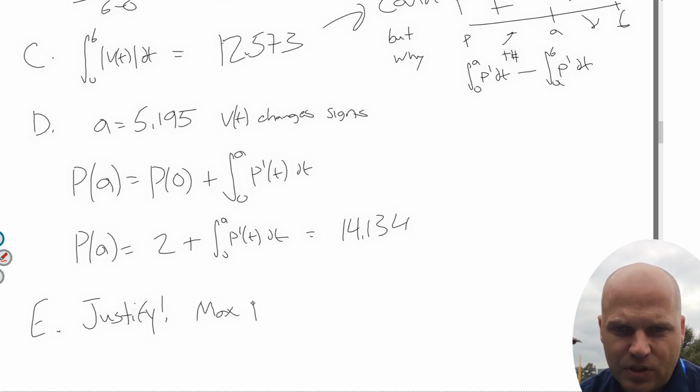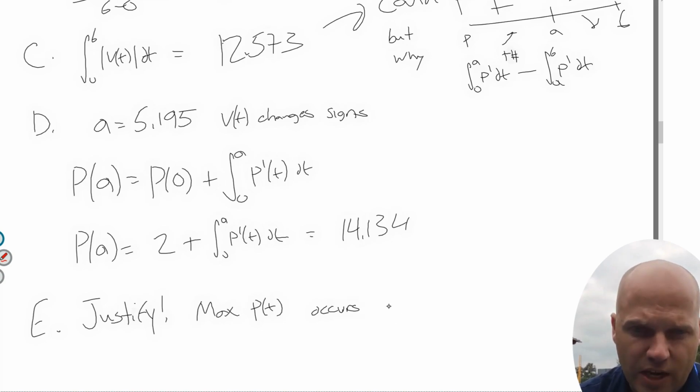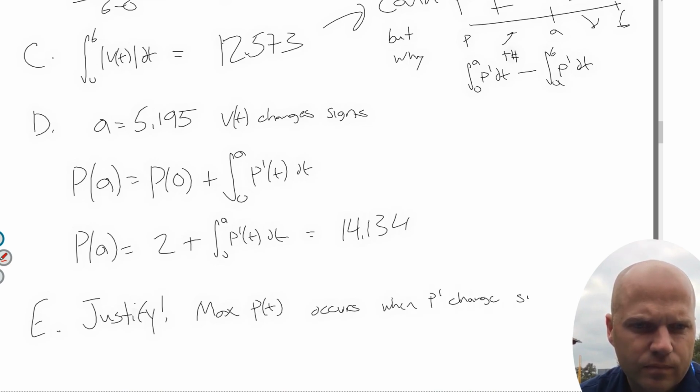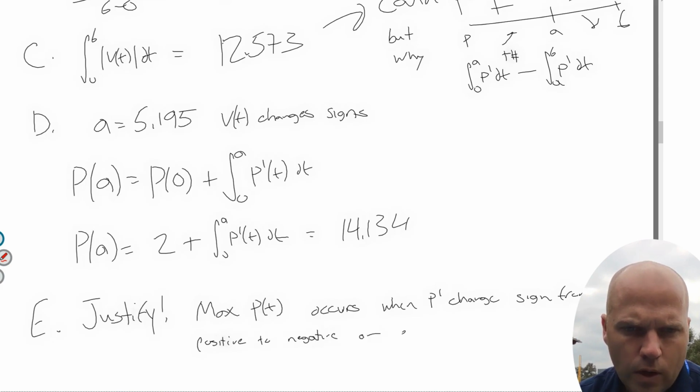You'd say a max position occurs at a relative max or an endpoint. So I'm going to say occurs when P prime changes sign from positive to negative, or an endpoint.